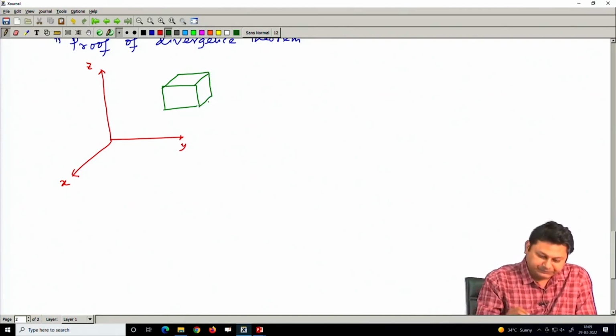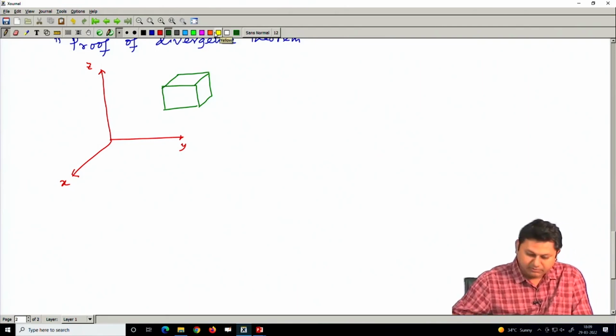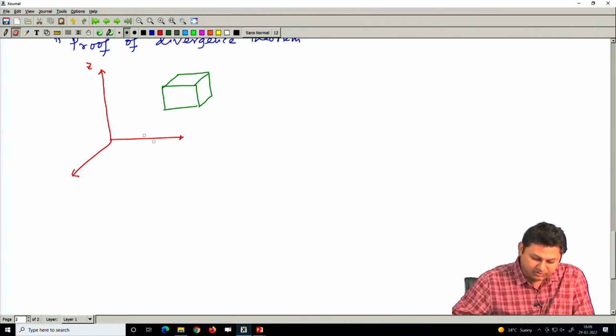Let me write it in a different way, because if I use this as my x, it will be easier.